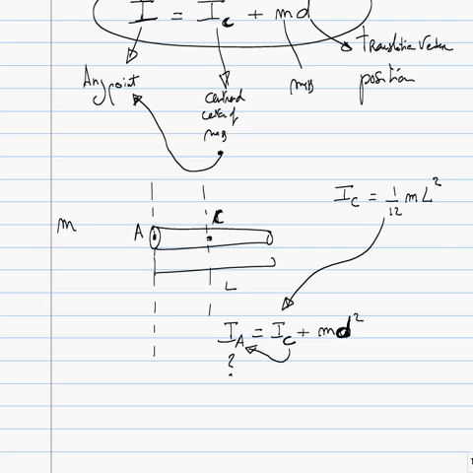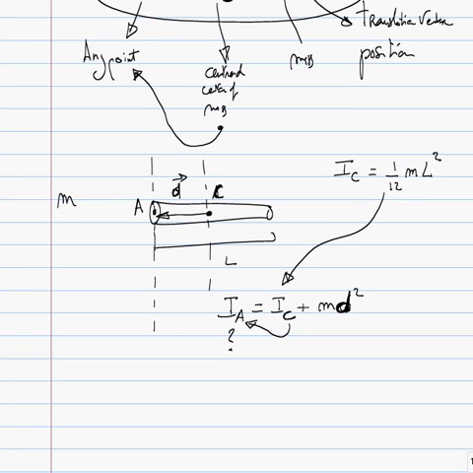So in our case, this is D, and that's it. D is equal to L over 2. Done, problem done. So I_A is equal to 1/12 ML squared plus M (L over 2) squared.